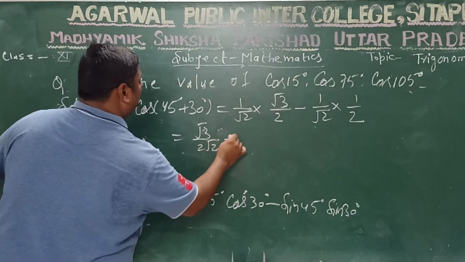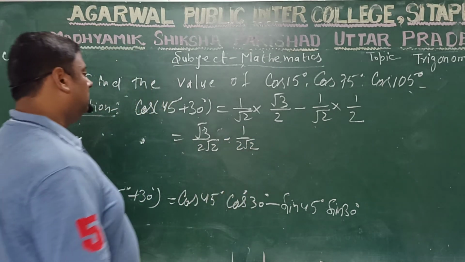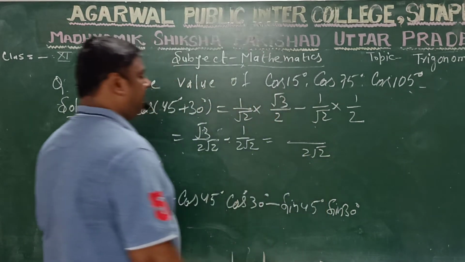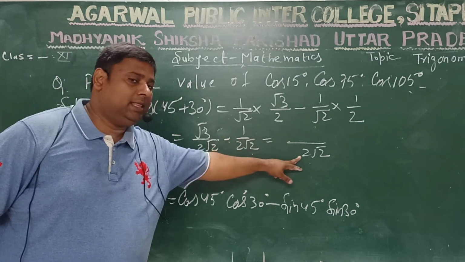So root 3 by 2 root 2 minus 1 upon 2 root 2. Now we take the LCM. Here it is 2 root 2, 2 root 2, so therefore the LCM is 2 root 2.